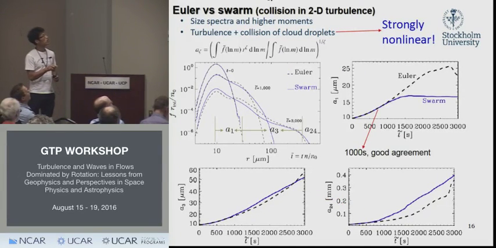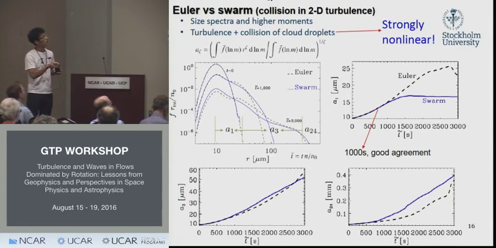And here is a comparison in two-dimensional turbulence. From the size spectra, we see good agreement, and also for different moments. The different moments characterize the collision of droplets of different sizes. Especially these high moments characterize the collision between larger particles.